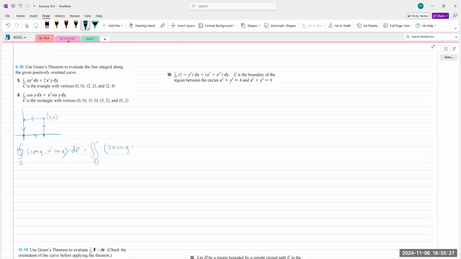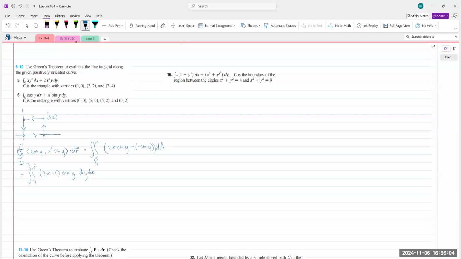The derivative of cosine is negative sine. So that is equal to the double integral over domain D of 2x plus 1 times sine y. I break the D also at the same time, dy dx, from 0 to 5 and then 0 to 2.